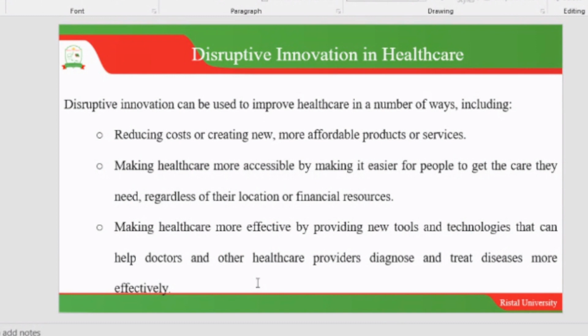Then making healthcare more effective by providing new tools and technologies that can help doctors and other healthcare providers diagnose and treat diseases more effectively.